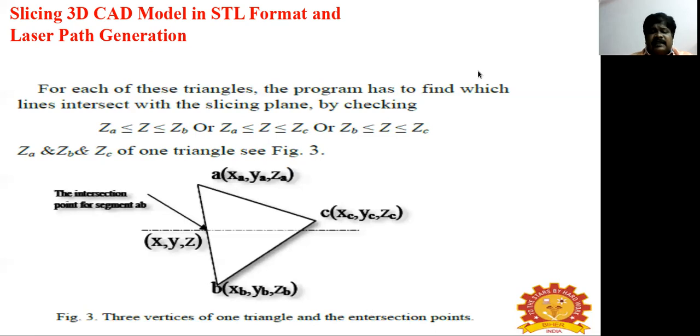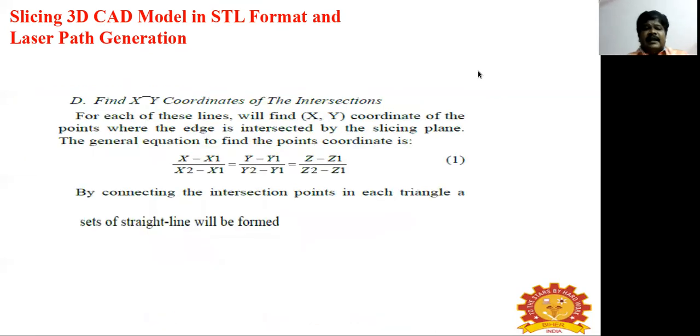So there are several advantages of the STL file. For finding the XY coordinates of the intersections, we need to find the XY coordinates of the points where the edge is intersected by the slicing plane.